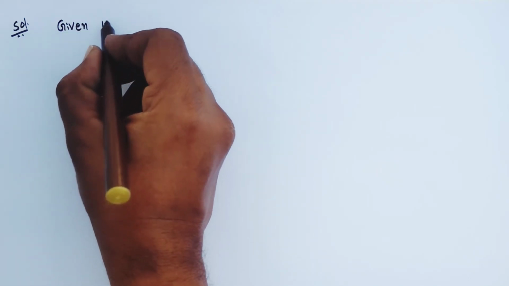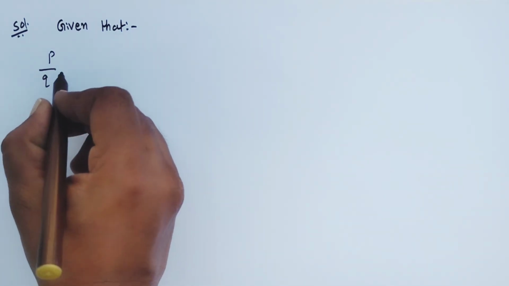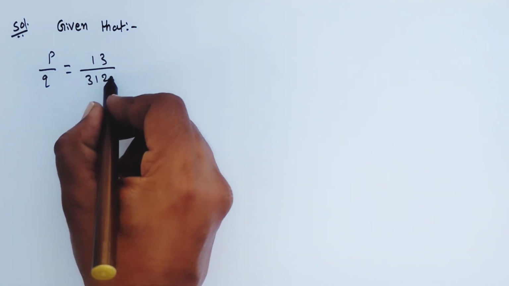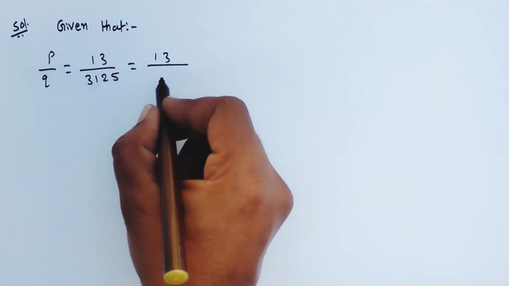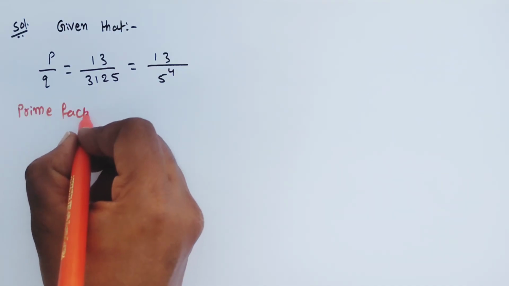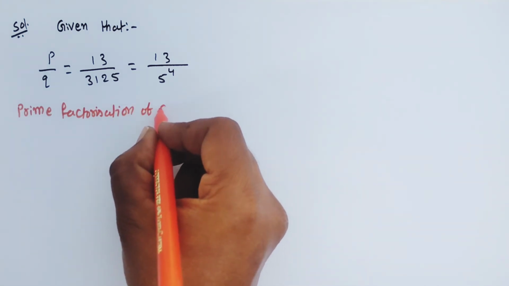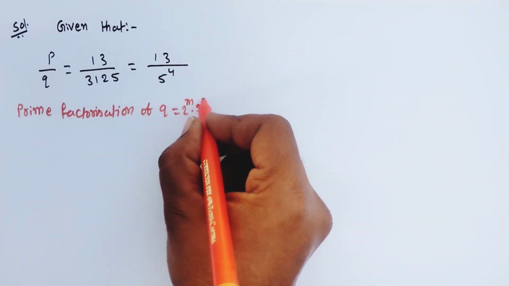Now we start the solution. Given that p by q is a rational number that equals 13 by 3125. The prime factorization of 3125 is 5 power 4. So the prime factorization of q can be expressed as 2 power m into 5 power n. How is it like?